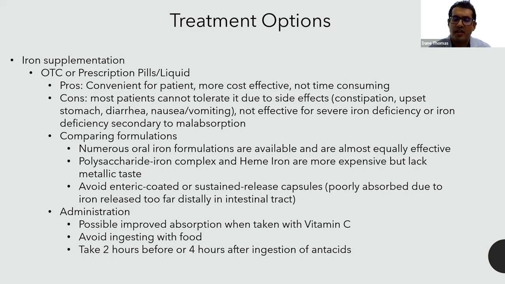So I typically advise patients to take the iron supplement with a glass of orange juice or an orange or with a vitamin C tablet. We also recommend avoiding taking the iron supplement with food. And we also recommend patients take their iron supplement 2 hours before or 4 hours after ingestion of any antacids.